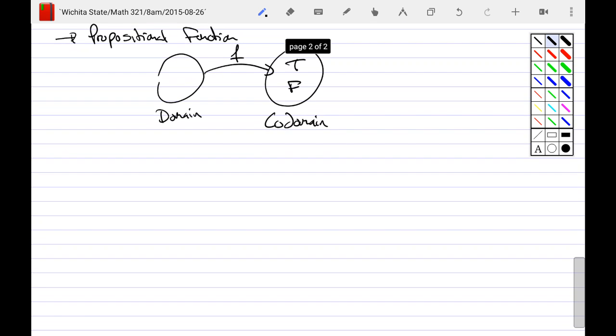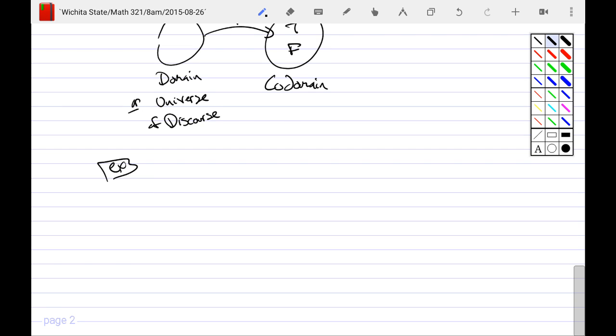And over here, the domain is also called the universe of discourse. Really, it's the stuff you're talking about. And so an example would be, when we do functions, we move into capital letters.